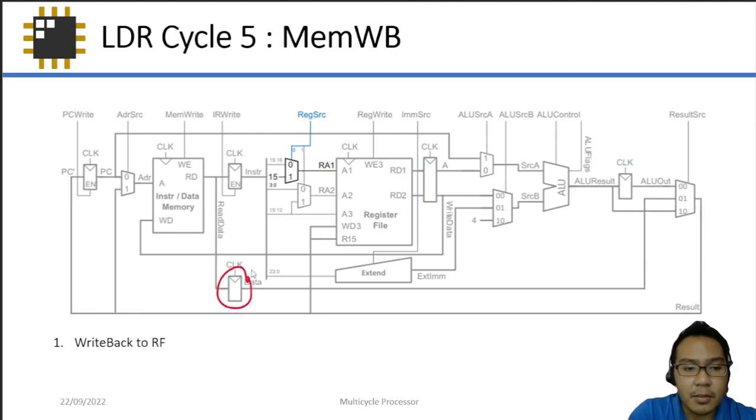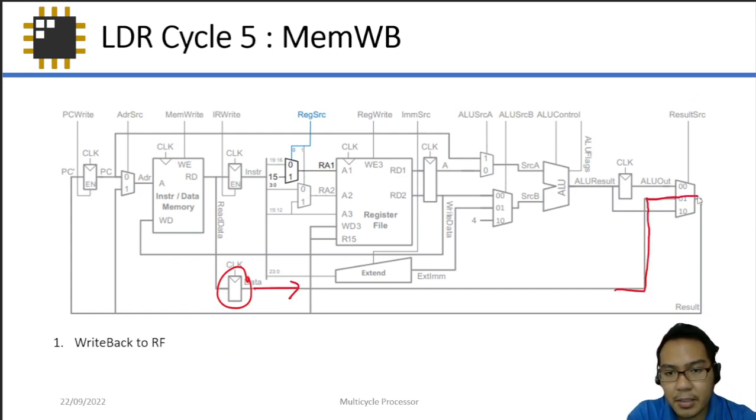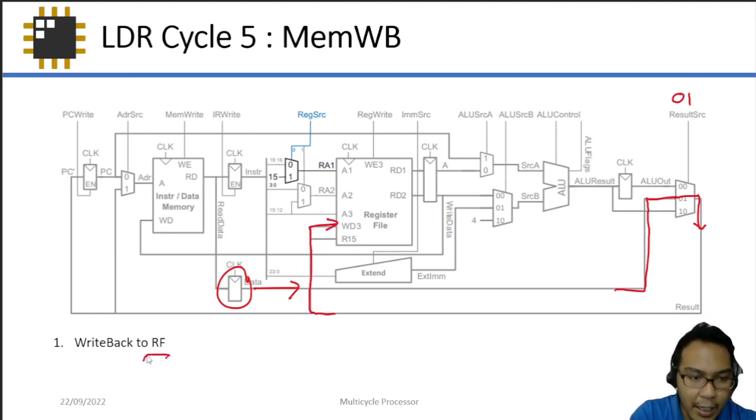Next, in cycle 5, you take the data from this register, it comes out over this end, and then it gets fed back into this multiplexer again, which we need to choose 0, 1, and then it goes up into the register file. So right back to RF this time. Okay, this is where write back to RF comes from. And we set RegWrite to 1.